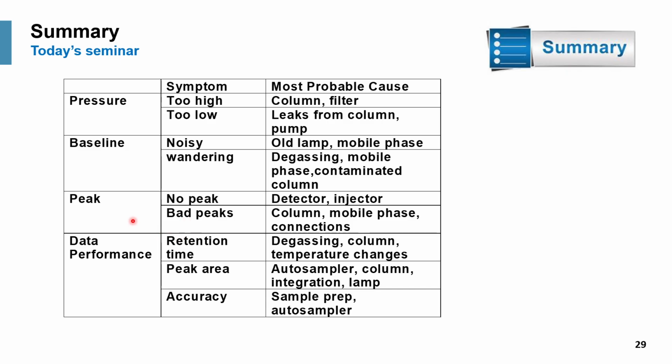No peak, likely the detector, or most likely maybe the injector. A bad peak, mostly column, mobile phase or diluent. A data problem, retention time, degassing, could be the proportioning valve. Peak area, most likely autosampler or lamp, and accuracy, likely autosampler, reference standard prep, or sample preparation.